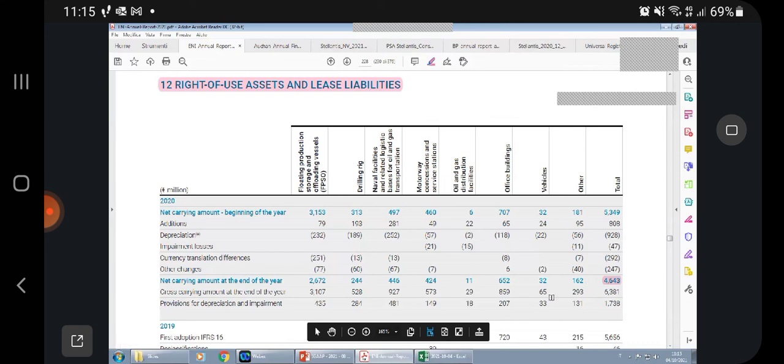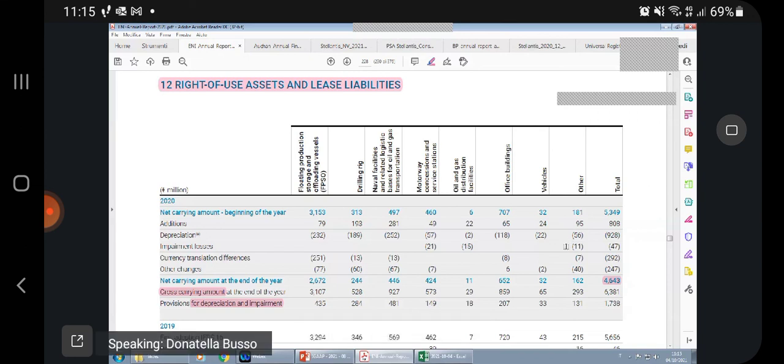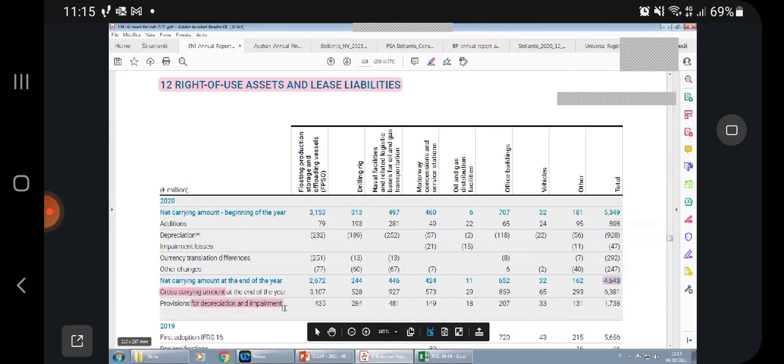This amount is composed of gross amount and accumulated depreciation. Keep in mind what I told you last Friday. Right of use assets are tested for impairment if there are indications of losses. Okay, so accumulated depreciation and accumulated impairment.